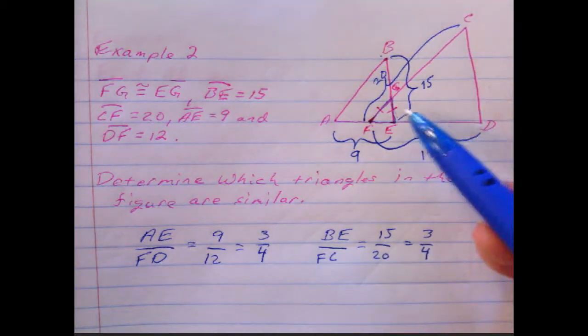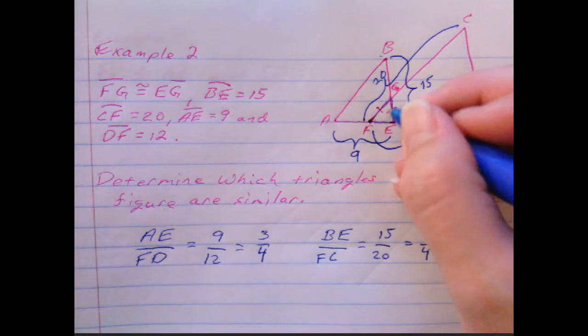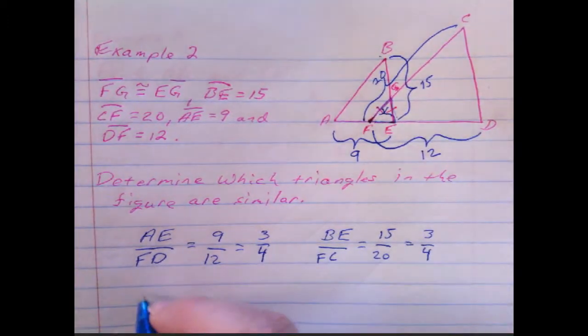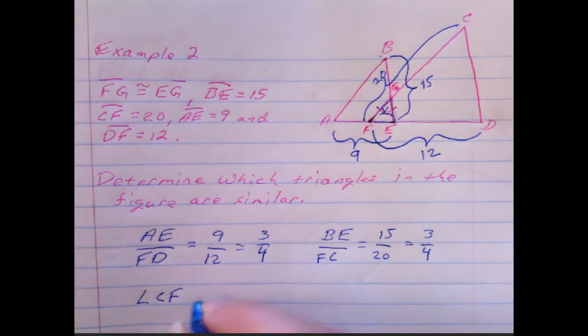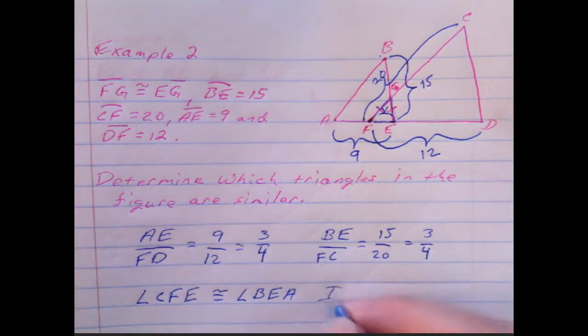So I know if I have an isosceles triangle that the angles opposite of my congruent sides are also congruent. So I know angle CFE is congruent to angle BEA, and that's because it's isosceles.